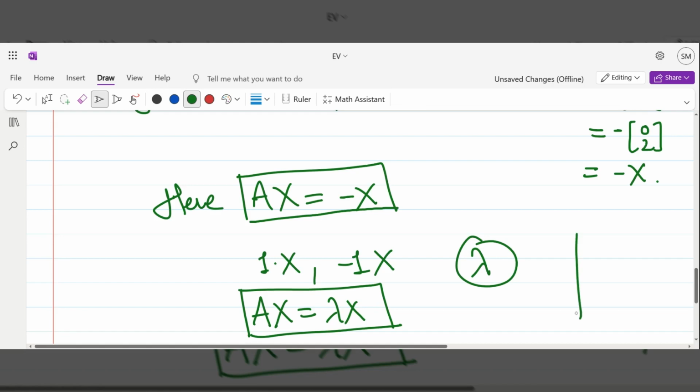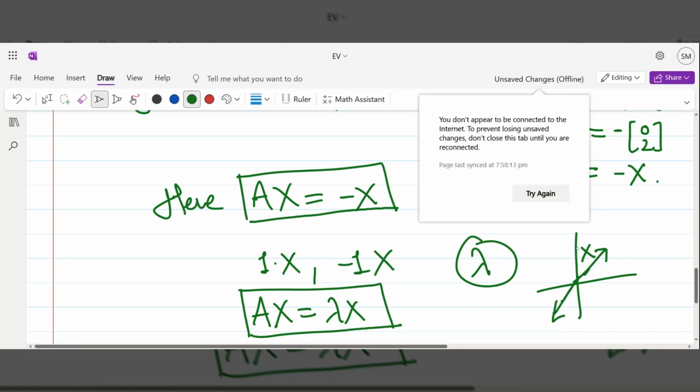Geometrically, if you observe, if this is the x vector, minus x will be here. The output vector had changed the direction.